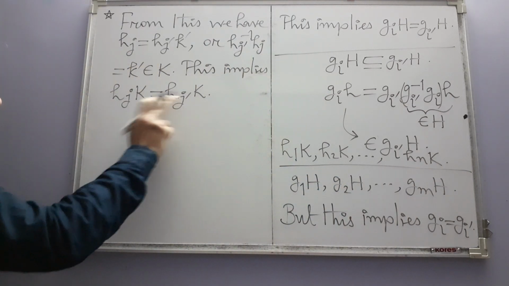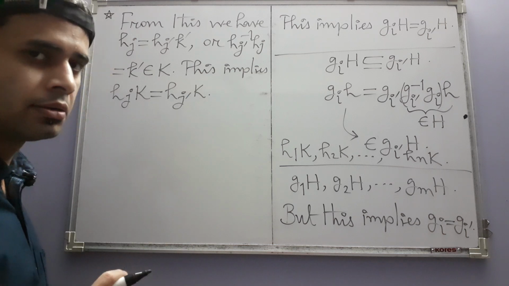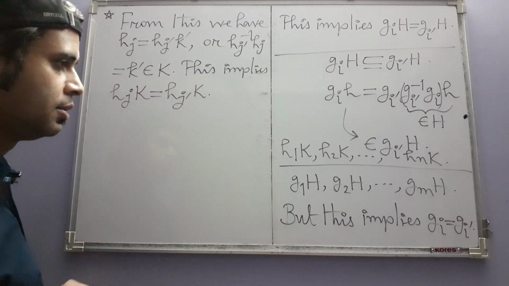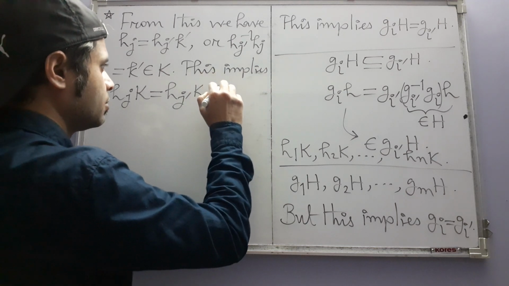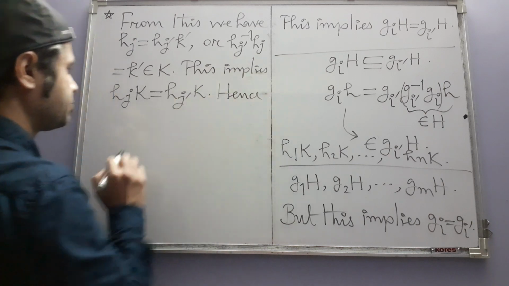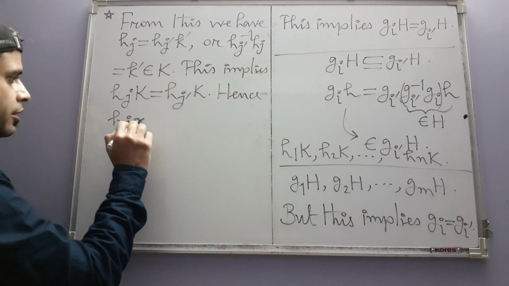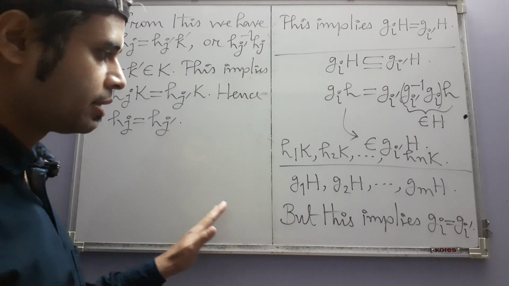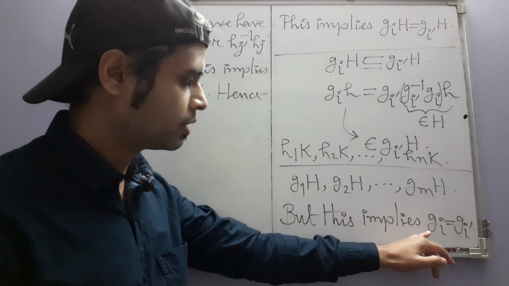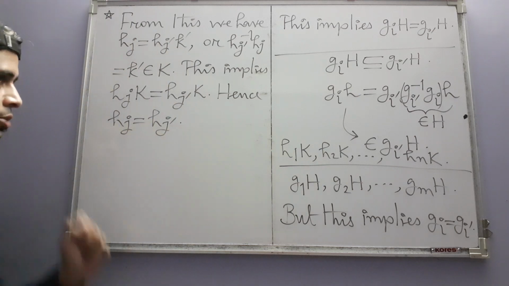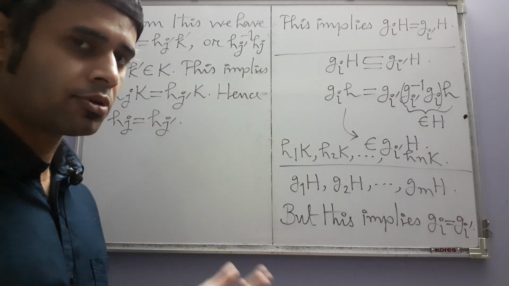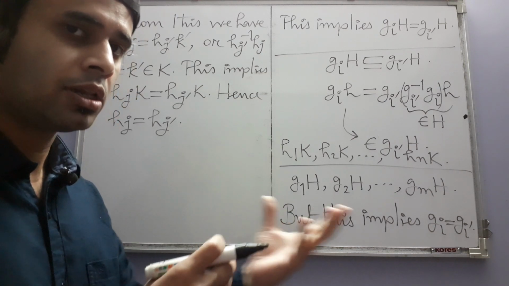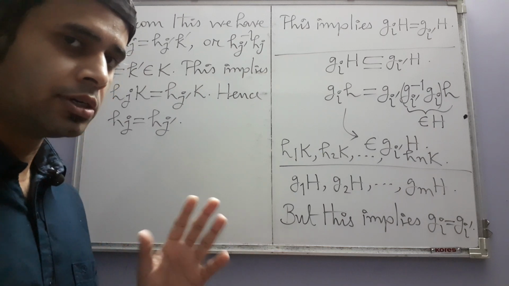So two such cosets being identical simply implies that the representative elements Hj and Hj prime must also be the same element. Hence Hj is equal to Hj prime. So we have ended up proving precisely what we wanted to prove, that Gi is equal to Gi prime and Hj is equal to Hj prime. So in that list of all left cosets of K in G, actually all the mn symbols listed are in fact all distinct left cosets.